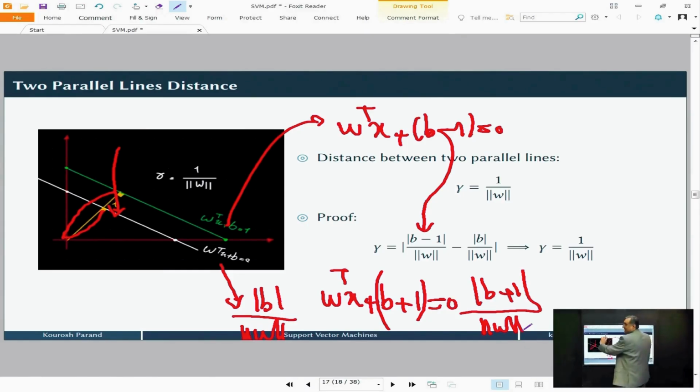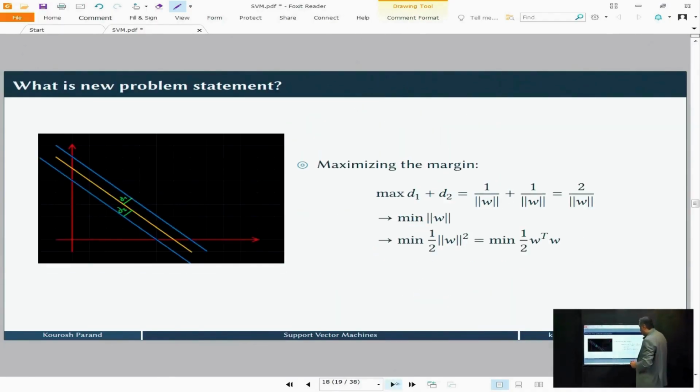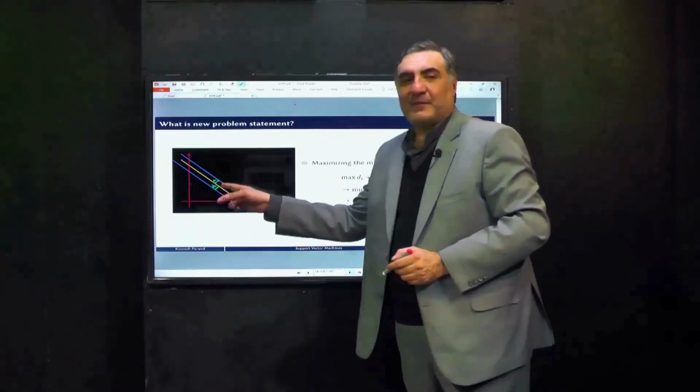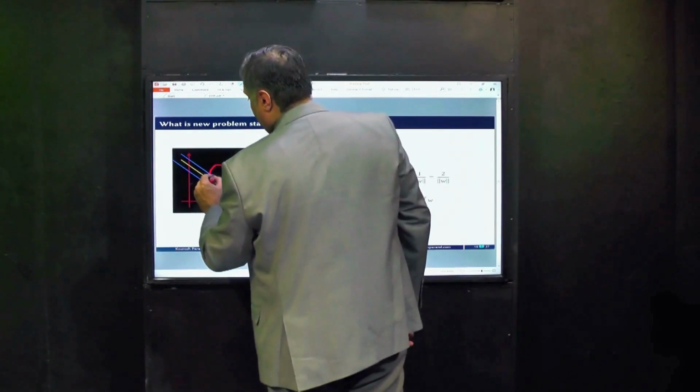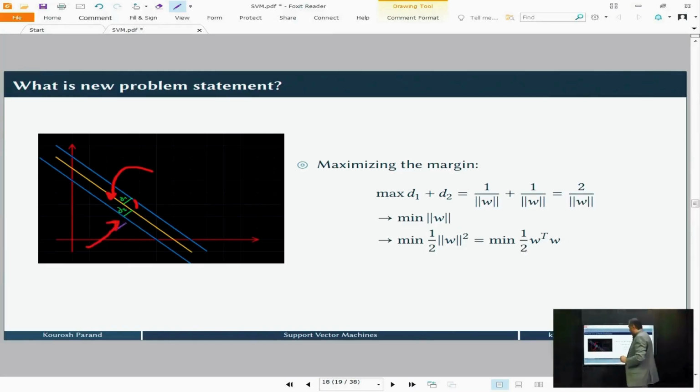So, if you call this distance d1 and the other one d2, and you want to maximize them, what are these two? They're equal, as you can see. It's pretty obvious. I've got d1 and d2, and I want to maximize them. What? The margin.